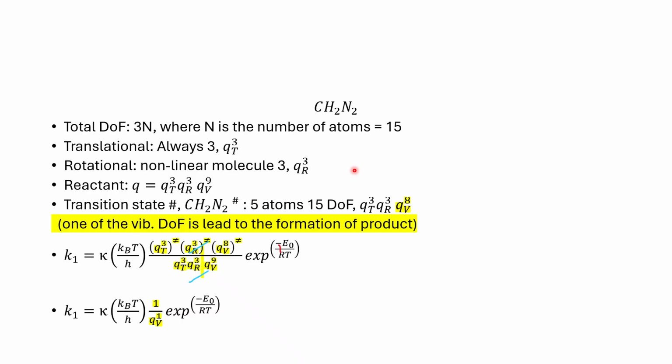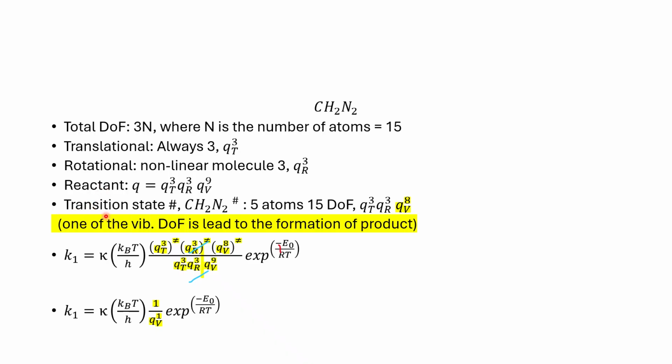We perform the degree of freedom calculation for the reactant. There are 5 atoms in this molecule, so n equals 5. Therefore, the total degree of freedom for this molecule is 15. Of these 15 degrees of freedom, 3 will be translational and 3 will be rotational.